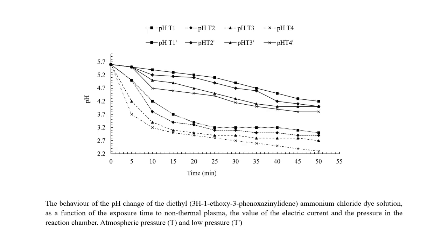In particular, the solution's pH value decreases as the exposure time for its treatment passes. It occurs for all treatments, atmospheric and low pressure, and increases as the plasma generating electric current increases. In general, the solution increases its level of acidity.